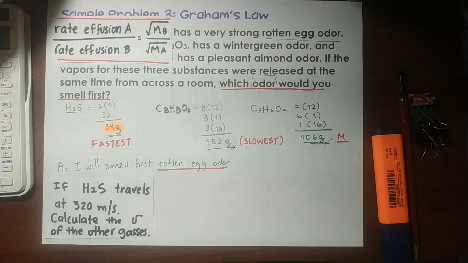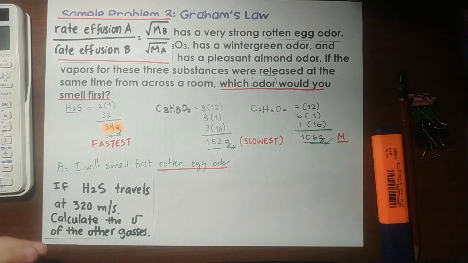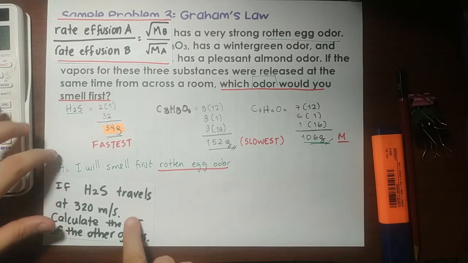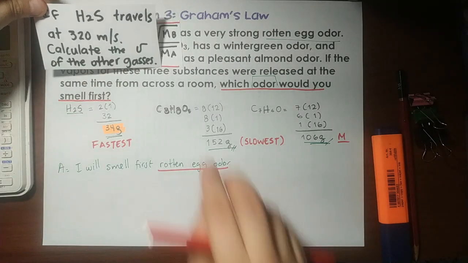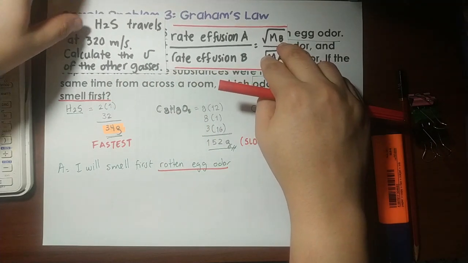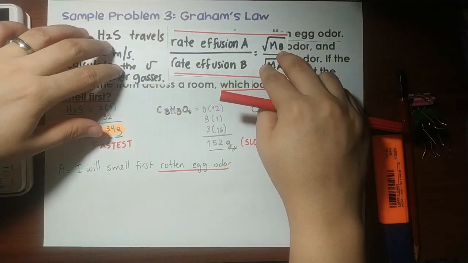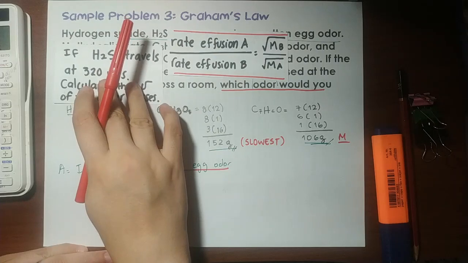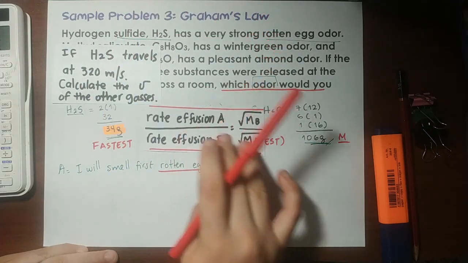Now, what I should do is, I know what my fastest gas is. I know that it's hydrogen sulfide. So, to answer this question, now I will use my formula, Graham's law.